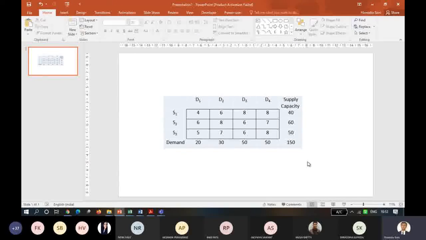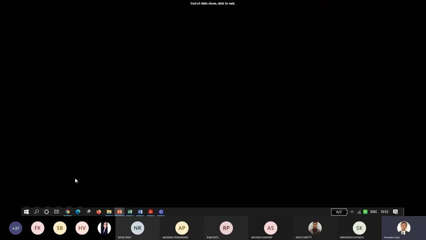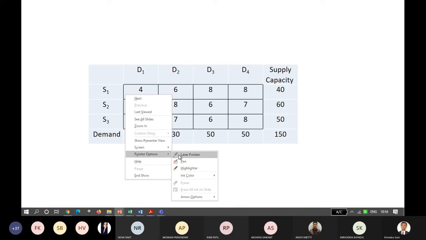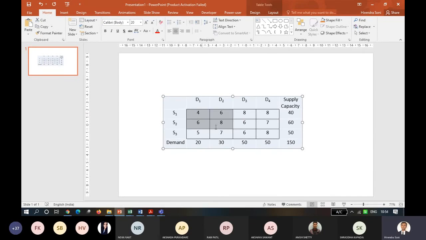Just put it in a PPT mode so that it is visible to all. Now I will be needing a pen. Okay, this becomes my board. Something more needs to be done. These are my cost elements.